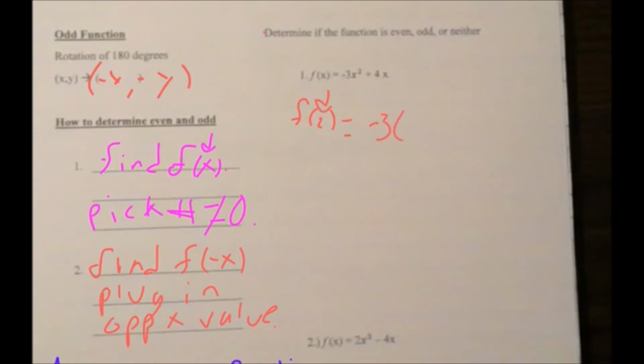So -3(2)^2 plus 4(2), plugging in the x value. We solve, you get -3 times 4 plus 8. -3 times 4 is -12, plus 8 is -4.